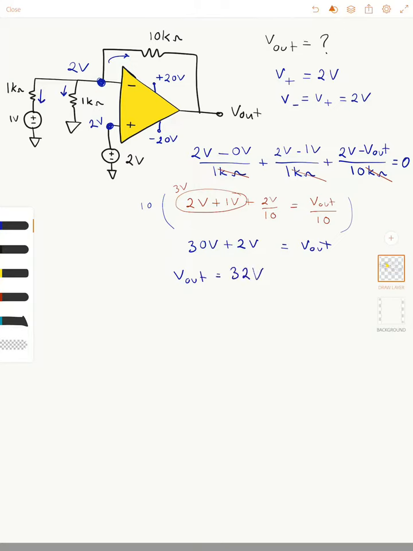Now we need to check the saturation condition. Is this more or less than our supply lines? So 32 volts is actually more than 20 volts, which is my positive supply. So I will say V out becomes 20 volts positive saturation.